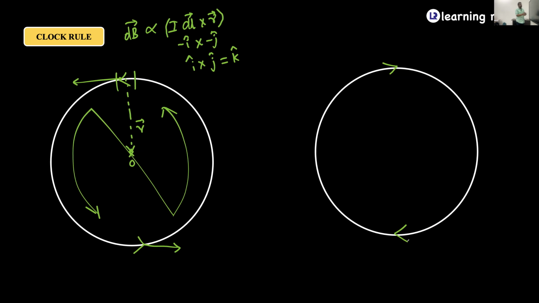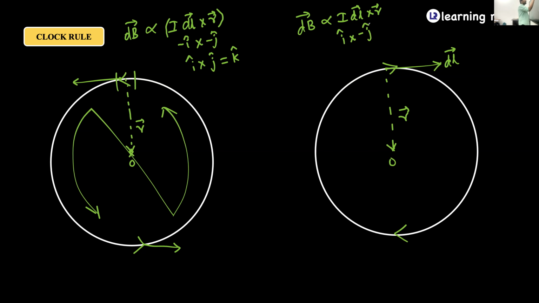Now observe at this point, what is the direction of current? This is the direction of current. And what is the direction of the r vector? From here, I will join it to this point O. This is going to be the r vector. So the dB vector in this case is directly proportional to I dl vector cross r vector. What is the direction of the dl vector here? i cap, cross, what is the direction of the r vector?